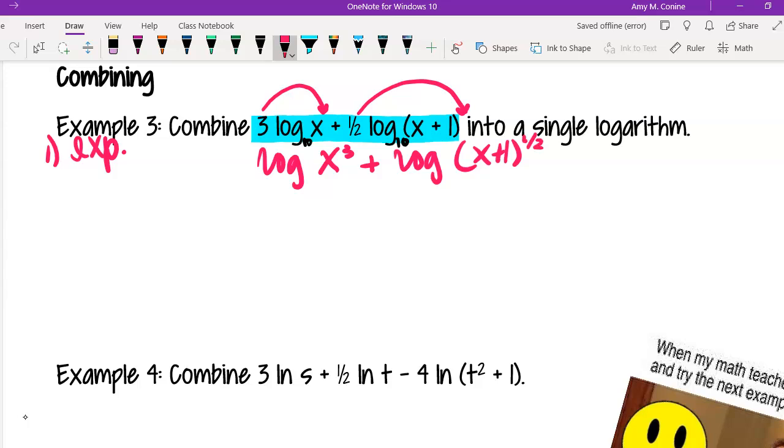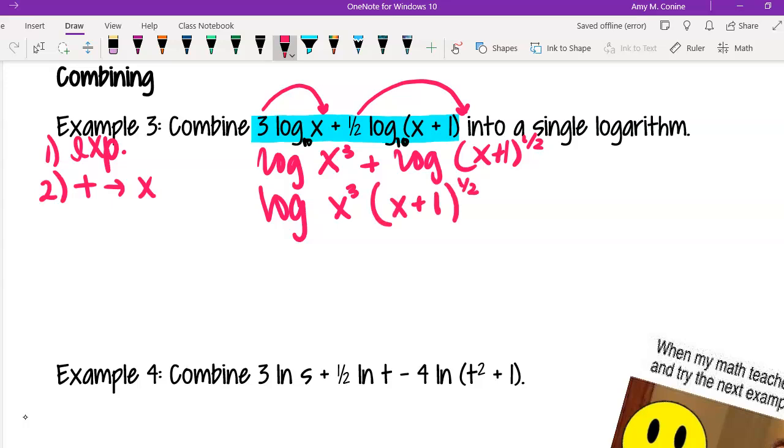Then the second thing I need to take a look at is if I have any multiplication or division. If I had any, this is where I would do it, and you could do it in just one big step. Here I just have addition, which means I have a multiplication problem. So I'm going to take what I wrote, log base 10, and combine it: x to the 3rd times x plus 1, that whole thing being raised to the 1/2.